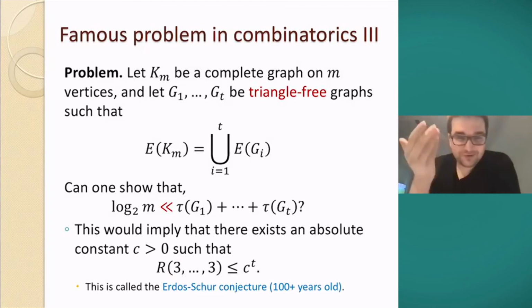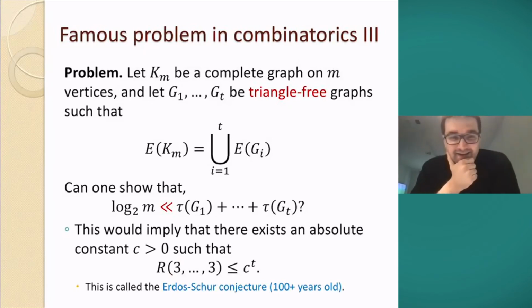So if you color the edges of the complete graph with t colors, so that no color class contains a triangle, well, we know that this function is upper bounded by something like t factorial, and it's a major open problem to prove that this is at most a constant that's independent of t raised to the power t.